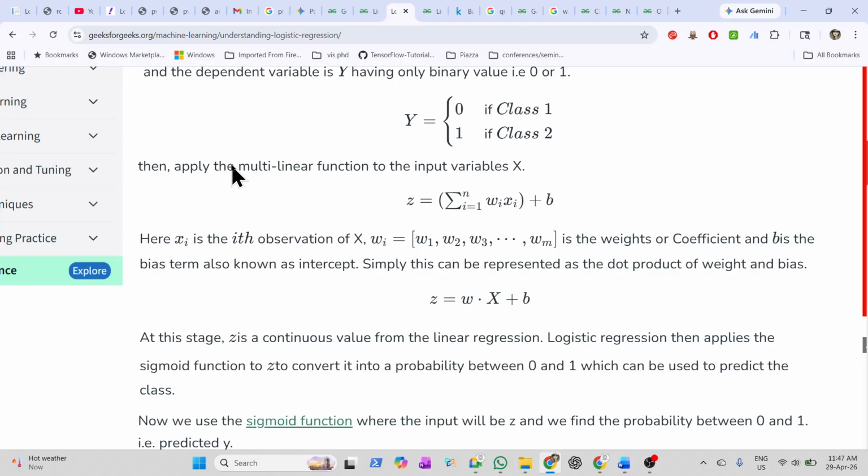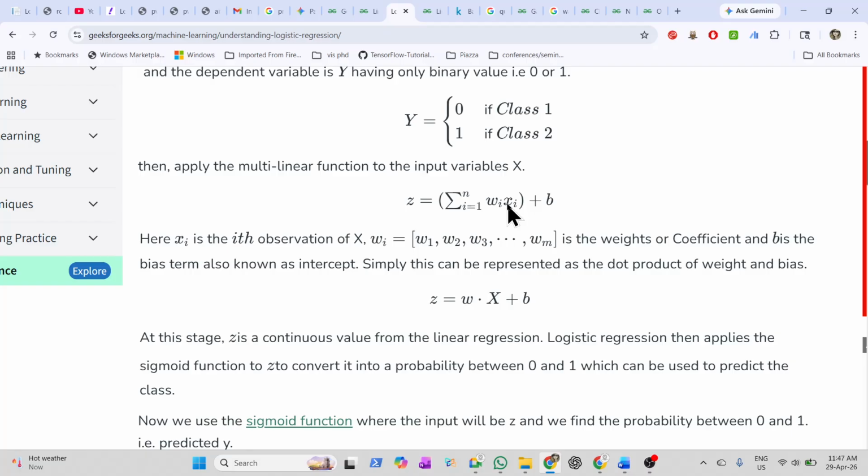And then we apply a linear function. Here this is a linear function, and this is a multilinear function because when you have multiple features, you have to use this summation from i=1 to n of w_i x_i, where w means weight and x is an input variable.